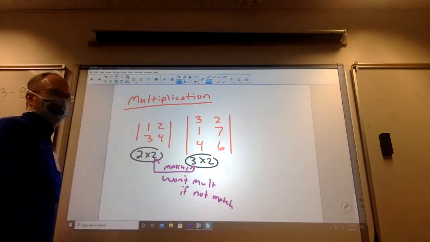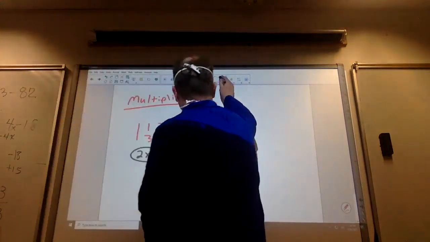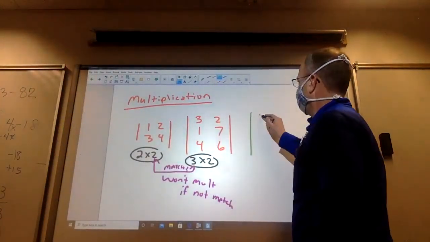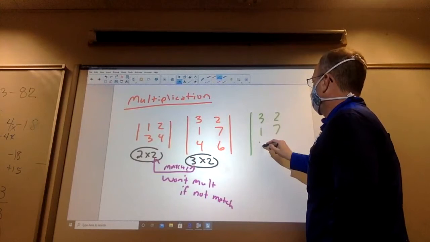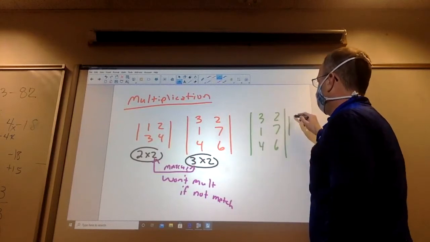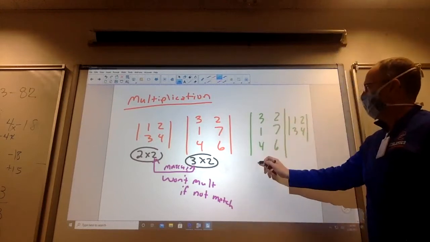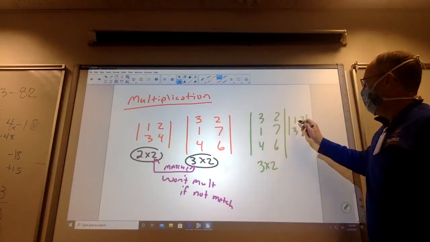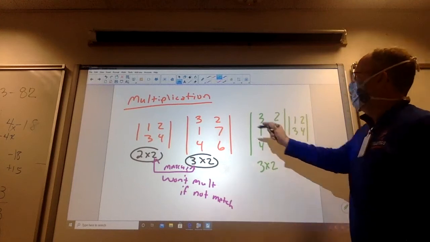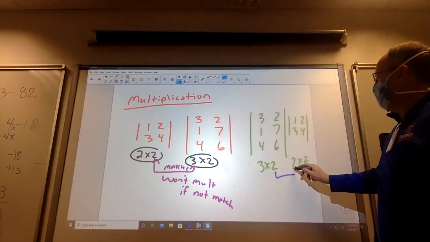Now, here's kind of the goofy part. If I were to take the exact same matrix and multiply it by the exact same matrix, just changing the order, this is a 3 by 2, and this is a 2 by 2. Now these match.